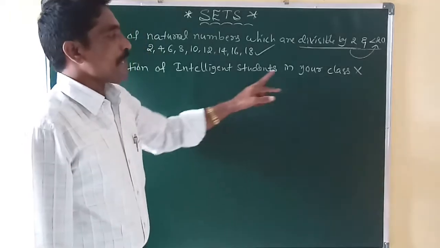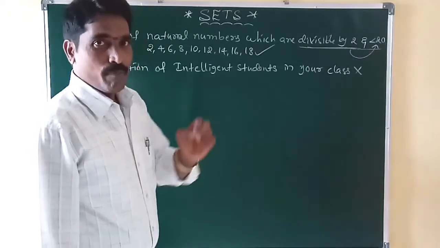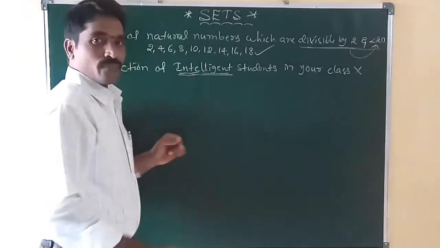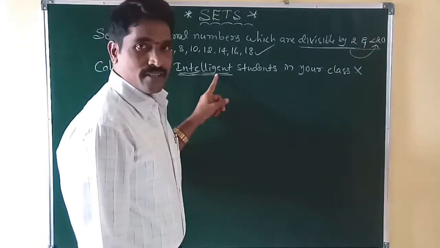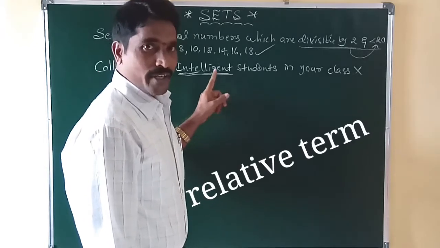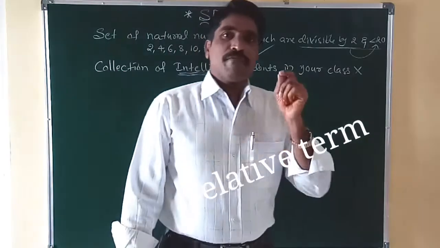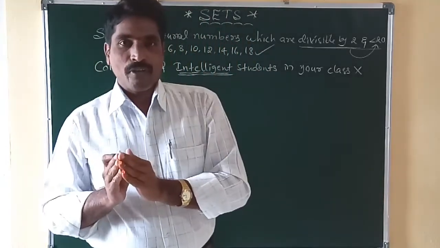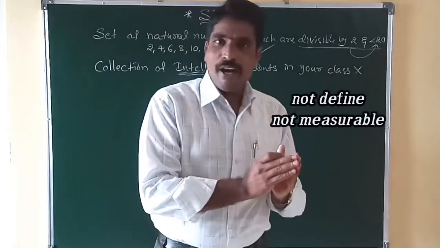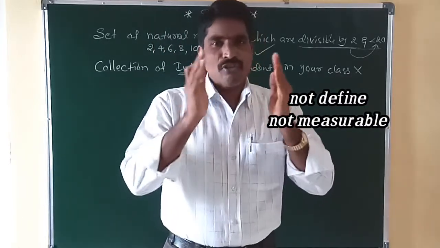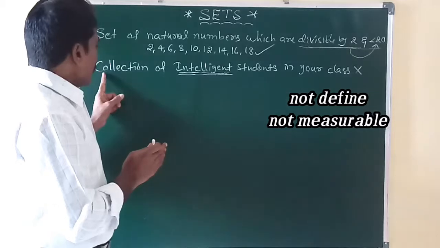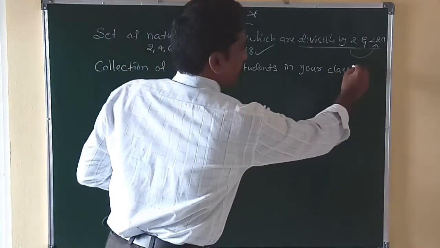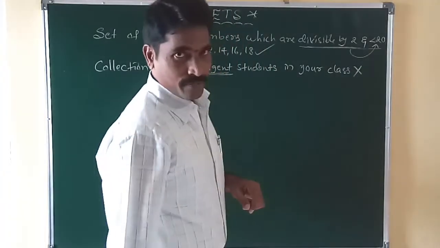It is not a well-defined collection of objects, because the word intelligent is a relative term. It differs from one individual to another, and it is not well defined and it is not measurable. So the collection of intelligent students in your class is not a well-defined collection of objects.